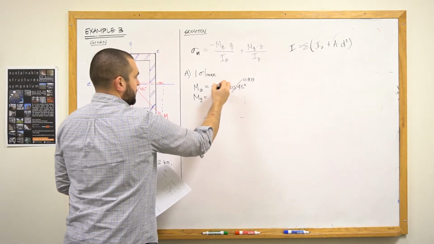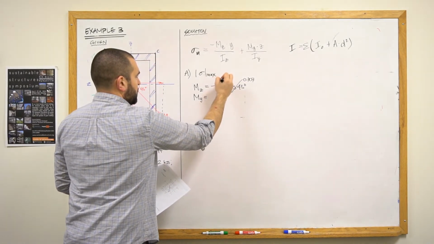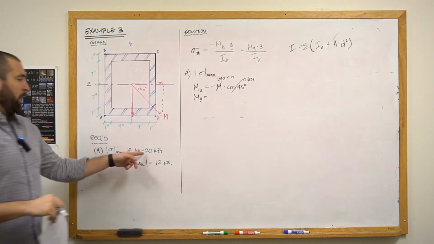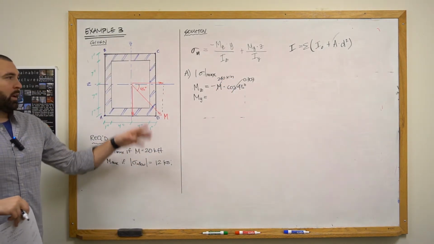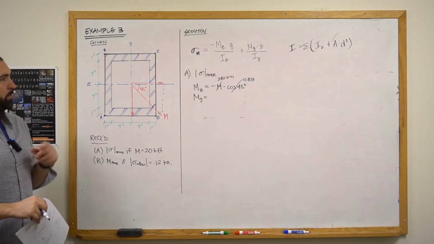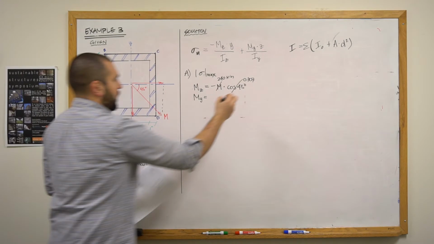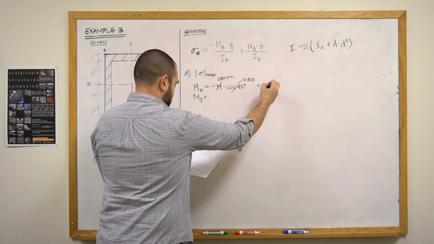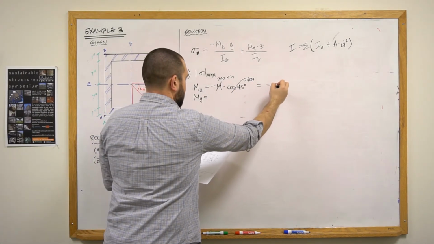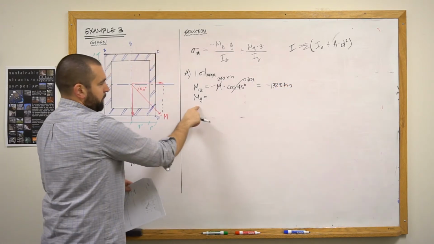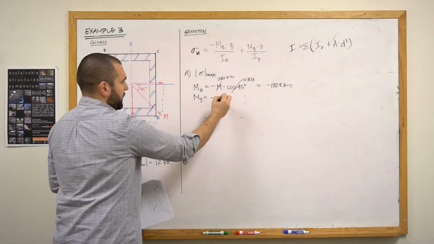And in our case, M is equal to 240 kip inches. I was given 20 kip feet, and I'm converting everything into inches and kips to be in consistent units. And so I'll get Mz is equal to negative 172.8 kip inches.